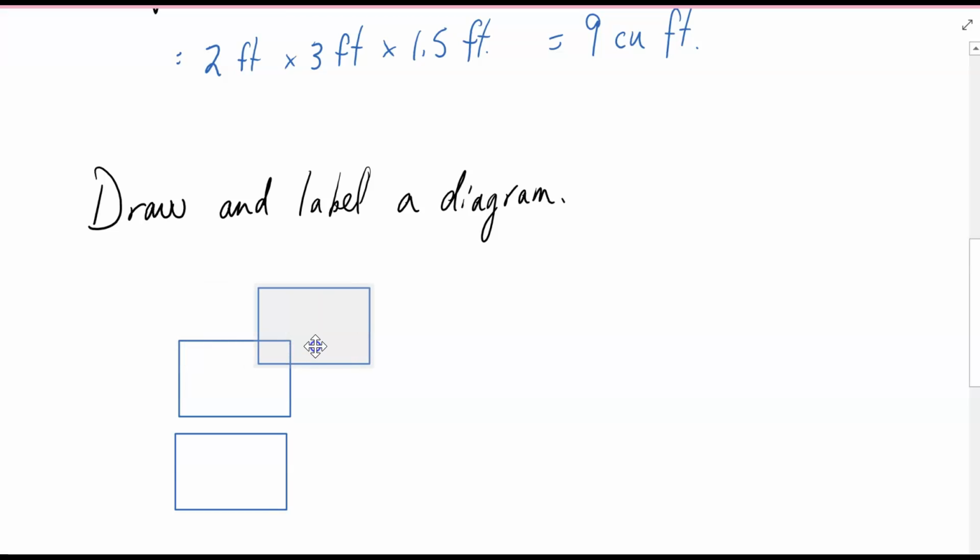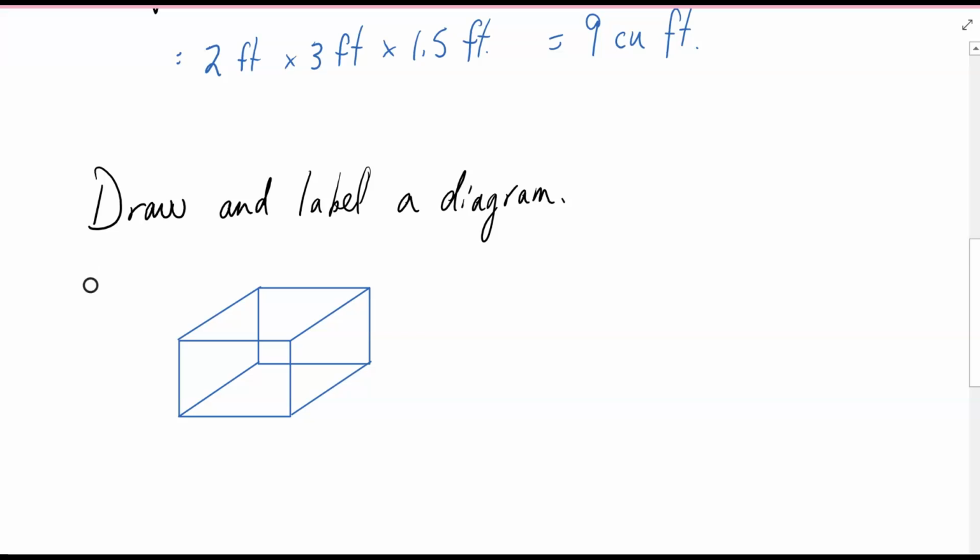But if you draw it offset like that, now we have a front piece of our box here and a back piece here. And then it's just a matter of connecting the corresponding vertices with straight lines. All right, now you can see my rectangular solid.